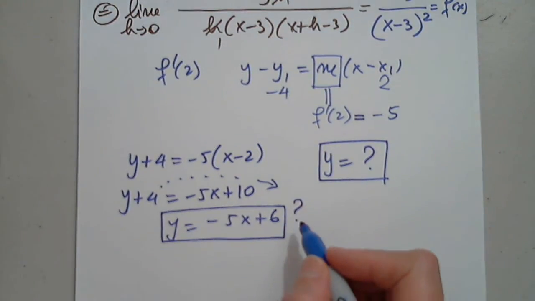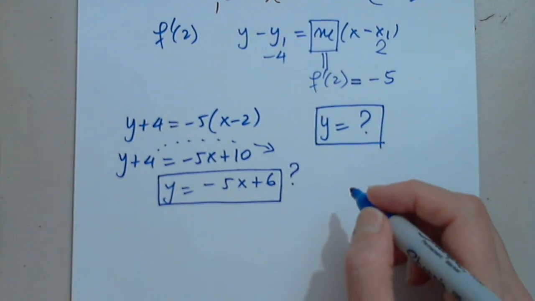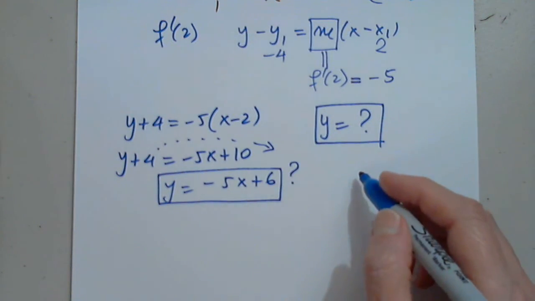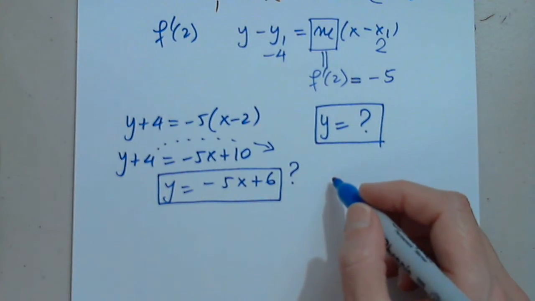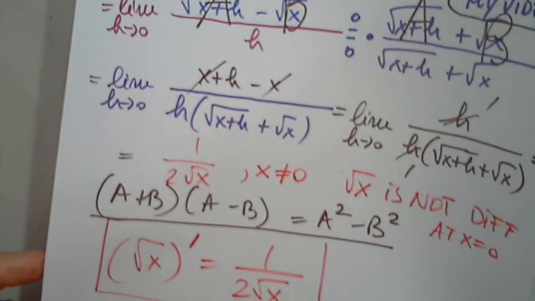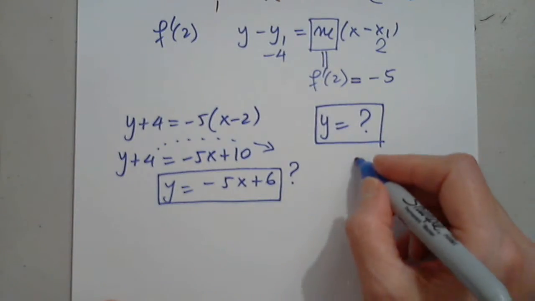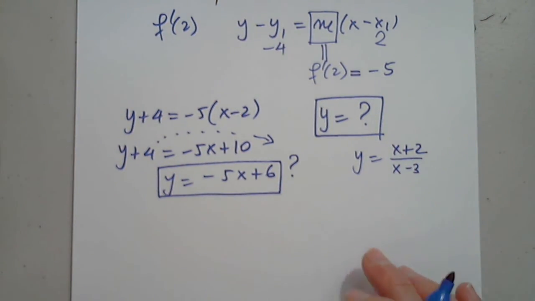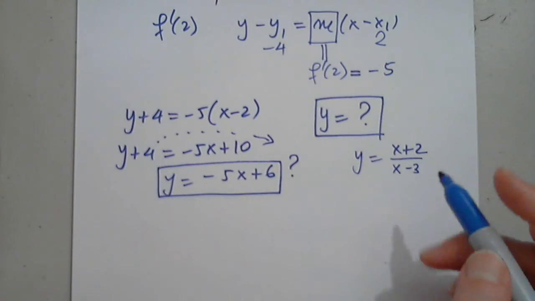What does this represent? So the graph of this function, let me think for a second. What was the function? X plus 2 over x minus 3. Yeah. And the point was 2 comma negative 4.